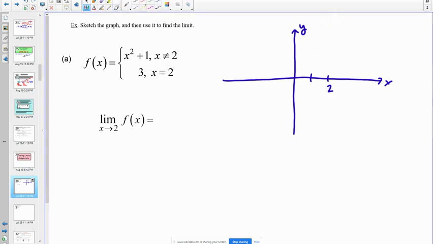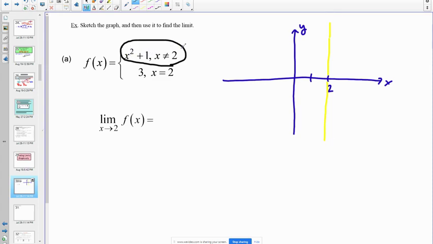So let me see if I can draw a line here. Actually, it's not the left of 2 and the right of 2. When x is not 2, it acts differently from when x is equal to 2. So when x is not 2, so when you're not on this line, your equation is x squared plus 1.